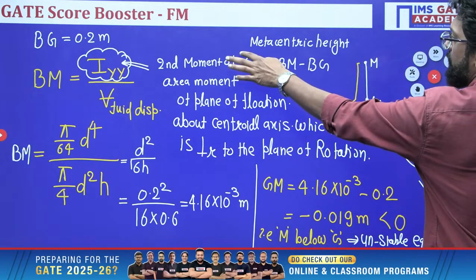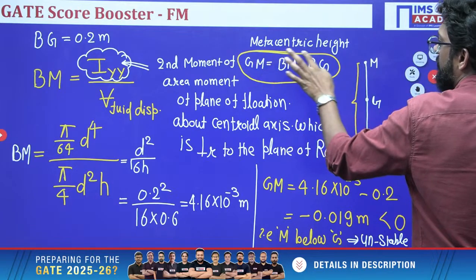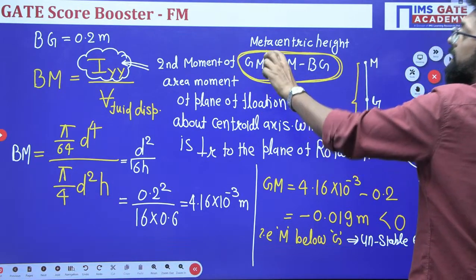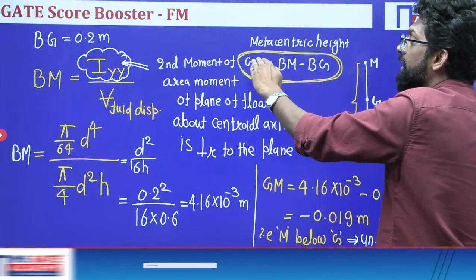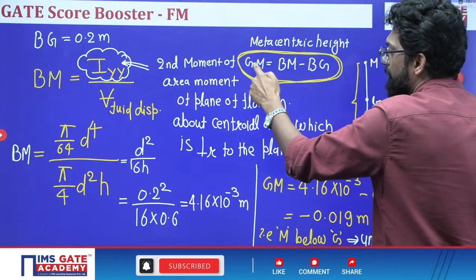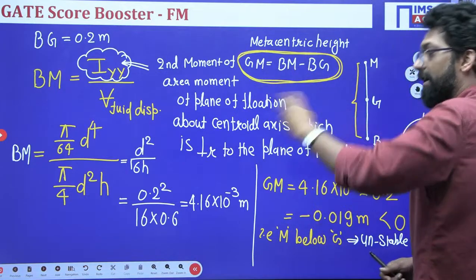Now this is the condition, the equation to check whether it is stable, unstable or neutral. If GM is greater than 0, that means M is above G, stable equilibrium. If GM is less than 0, M is below G, unstable equilibrium.